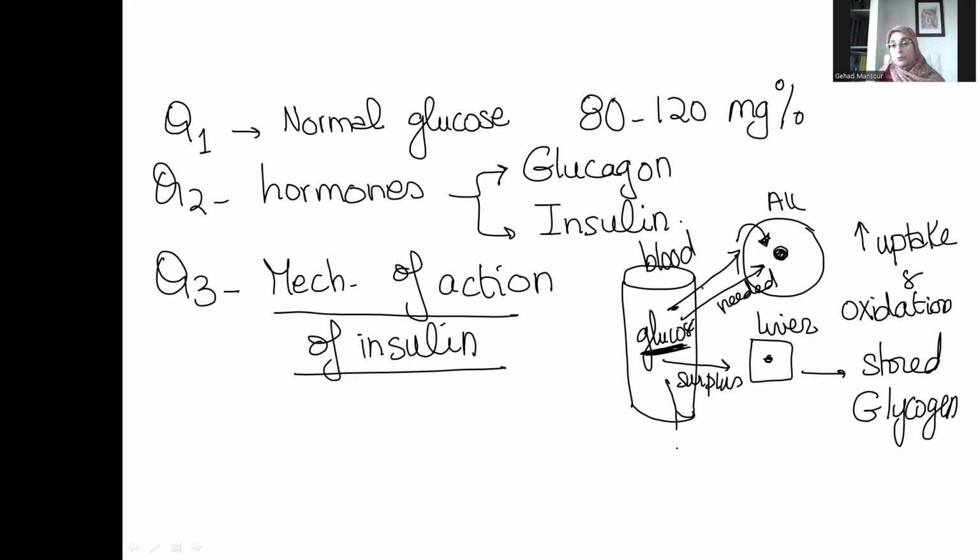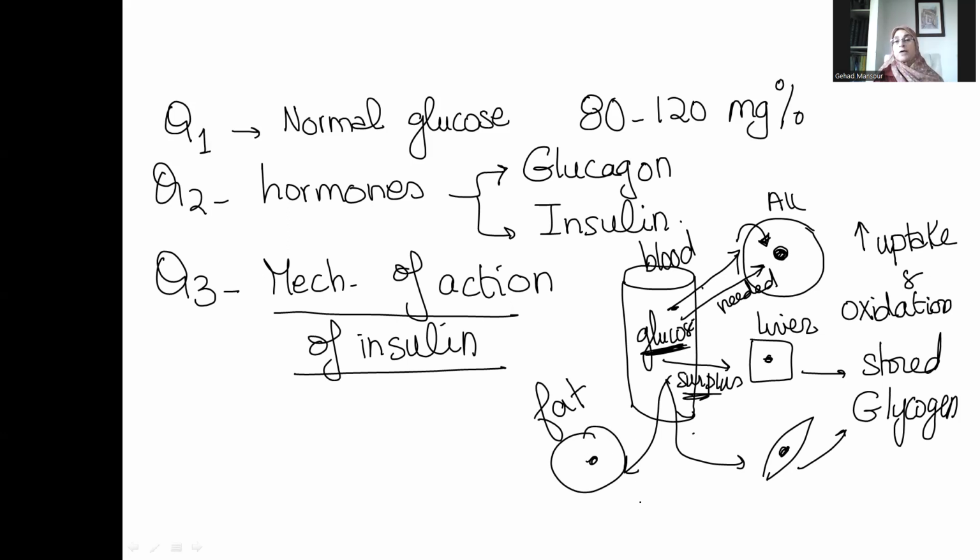This glucose, the surplus, might also reach the muscle cells and be stored as glycogen, or the surplus might again reach the fat cells and be stored as fat under the skin. So what reaches all body cells to produce energy for uptake and oxidation is the glucose we need for energy production.